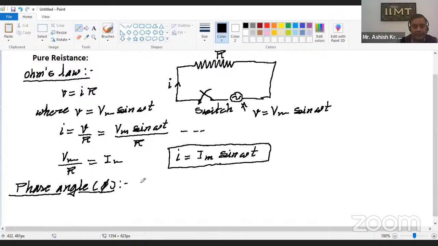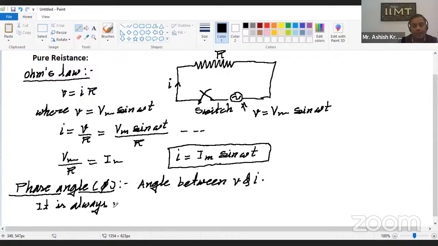The phi is defined as the angle between supply voltage V and I, and it is always measured from current to voltage.